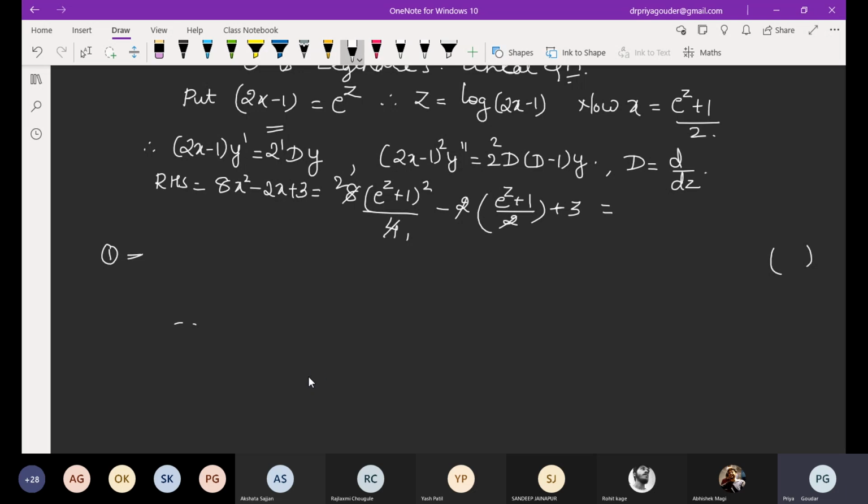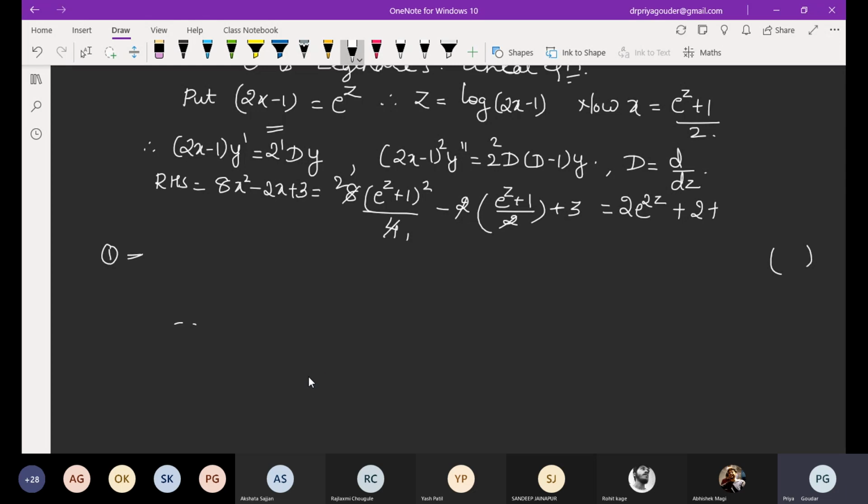a square. What is e raised to z the whole square? It is e raised to 2z. E raised to 2z into this 2 will be 2 e raised to 2z, correct? Plus 1. a square plus b square is 1, 1 into 2 means 2, plus 2ab.